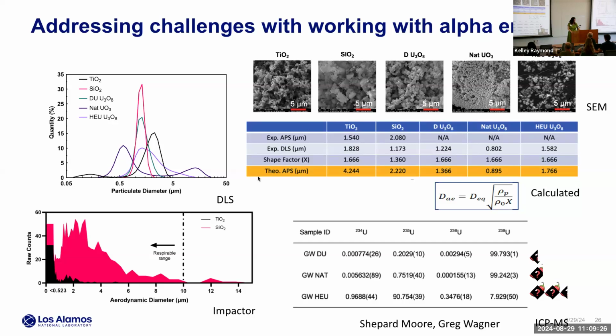How do we determine things like aerodynamic particle sizing in radiological samples? Our aerodynamic particle sizer wasn't in a radiological lab, so we had to run controls through and use computational methods to identify the likely aerodynamic particle size. Our dynamic light scattering instrument was in a radiological lab, so we were able to run that and get measurements for both diameter with SEM and also diameter with DLS.